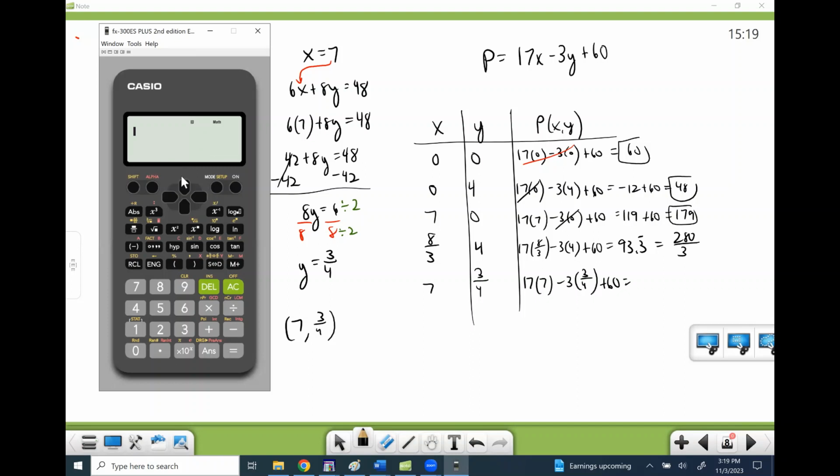All right, so for this one, we end up with 17 times 7 minus 3 times 3/4 plus 60.